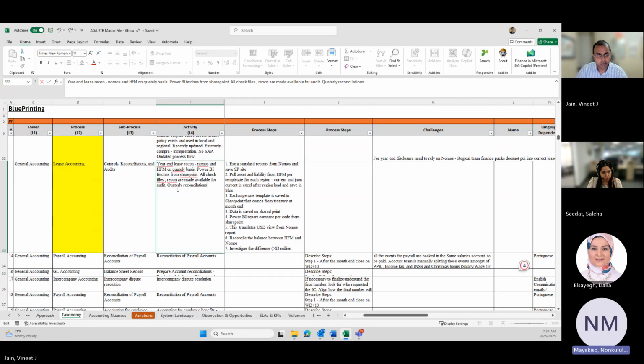We reconcile the right of use asset, the current lease liability, the non-current lease liability, and then the total liability.